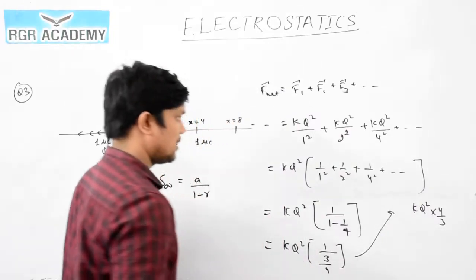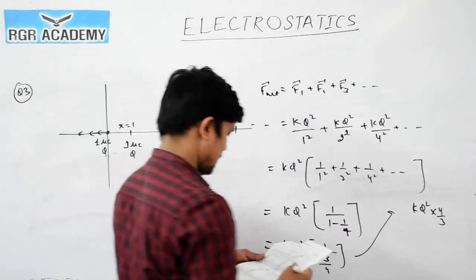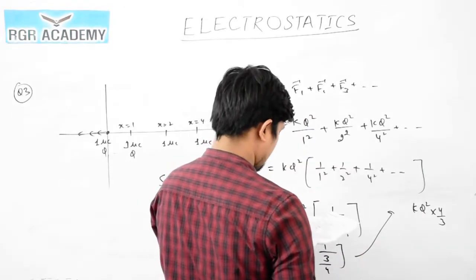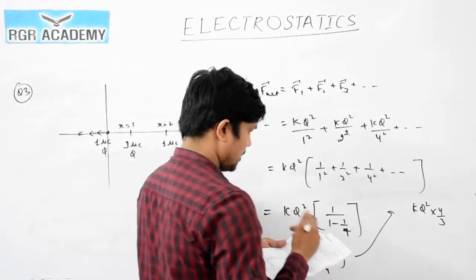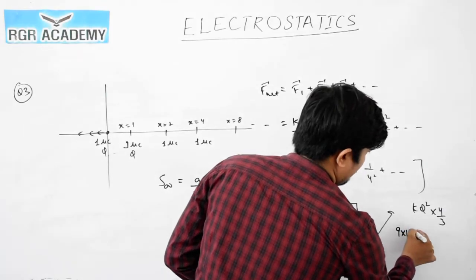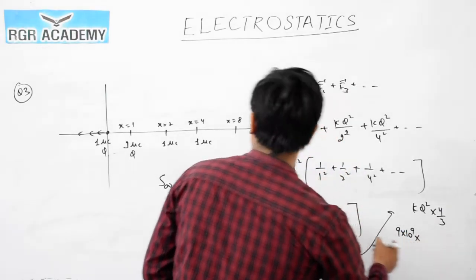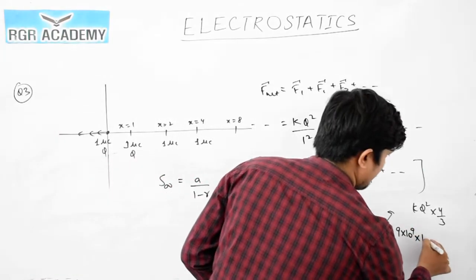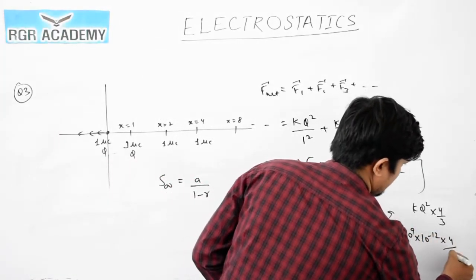Now put the values. What is the value of K? 9 into 10 to the power 9. So it is 9 into 10 to the power 9 into Q square, with Q a microcoulomb, so this will become 10 to the power minus 12, into 4 by 3.